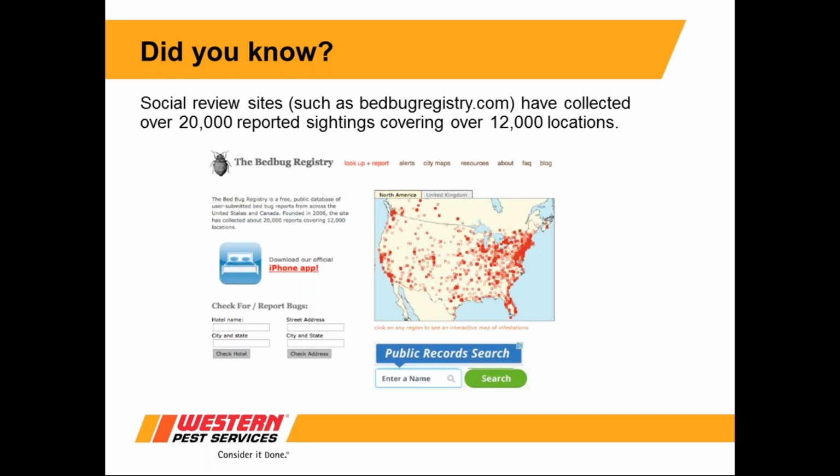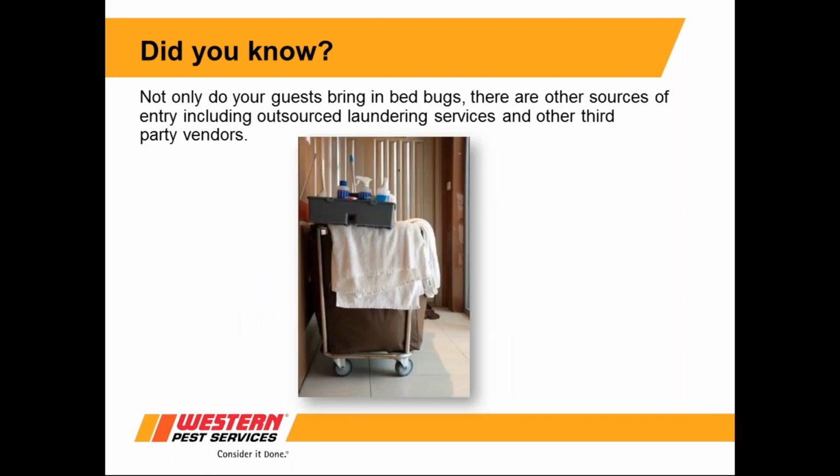So if one review gets on this site, that's where that $38 a night potential decrease in business happens, if somebody looks up and sees that there's bed bugs. They may be less likely to spend as much as they would have before. And we'll talk a little bit about some other sites also in a little bit.